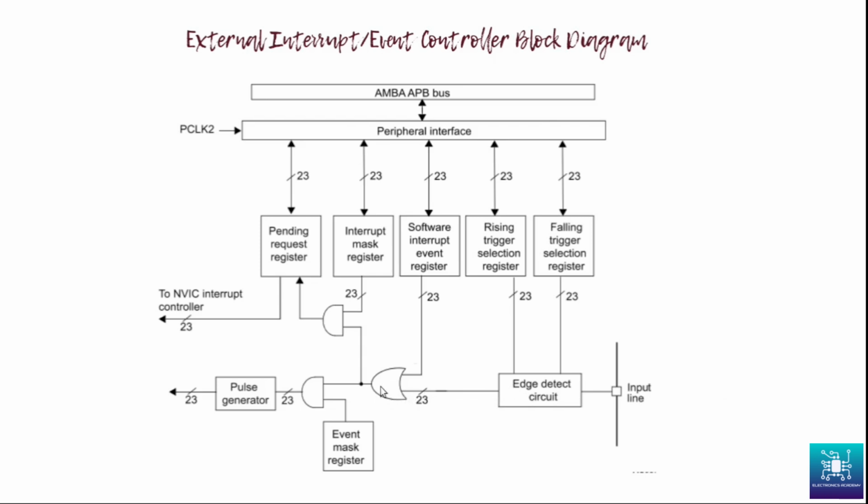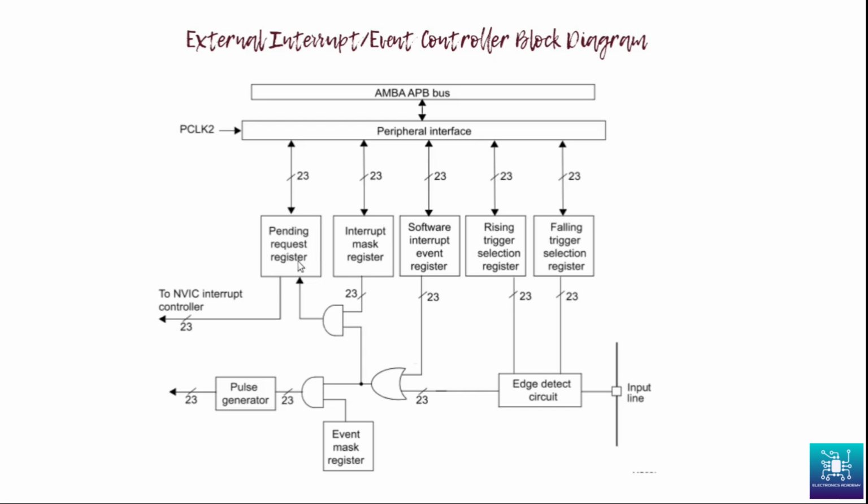Now when it comes into this OR gate, it passes through here and comes to the input of this AND gate. Now if that particular interrupt is enabled here, say in my case it is EXTI 0, then the output of the AND gate is 1 and it enables the pending request register.